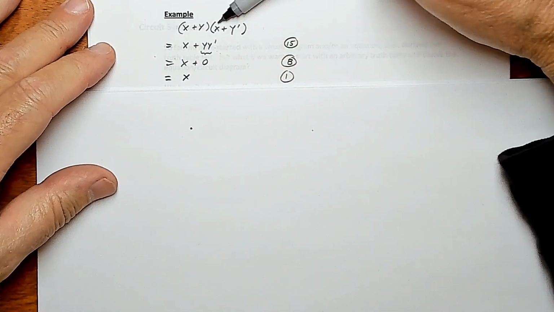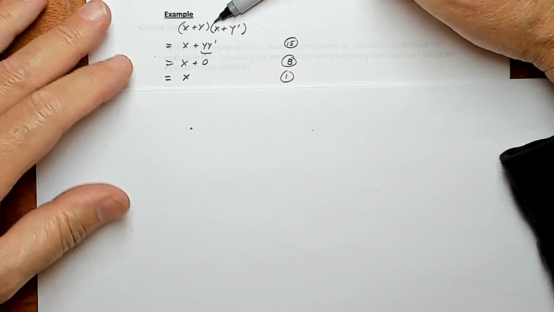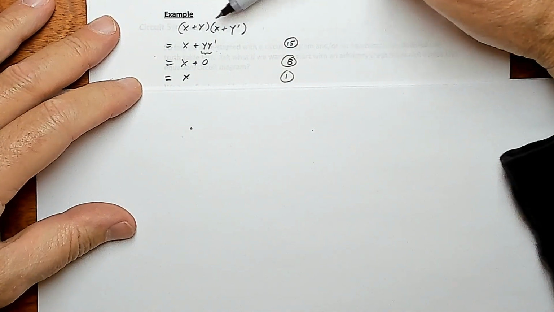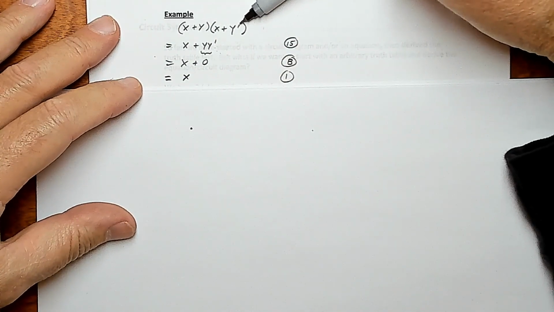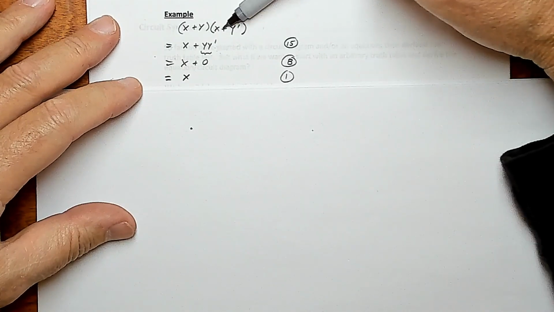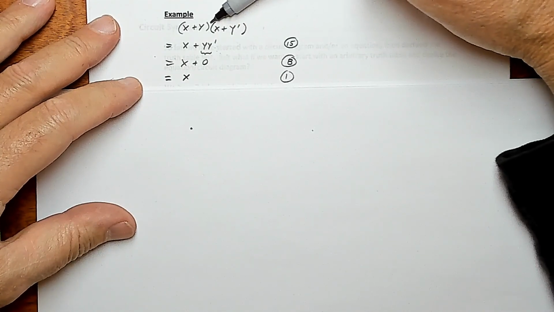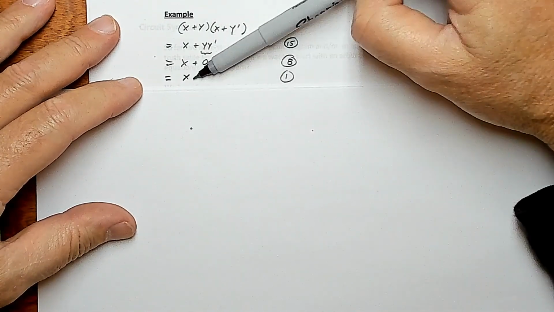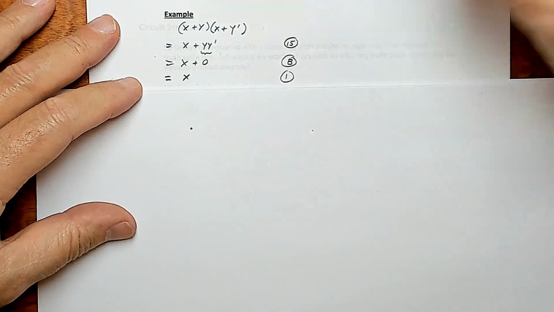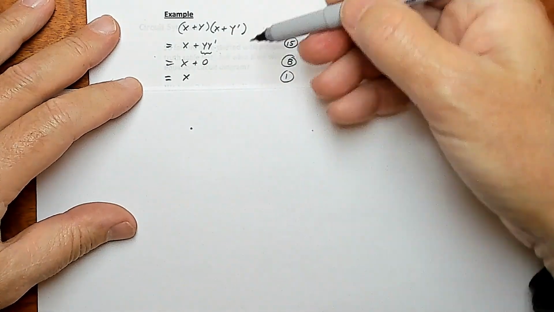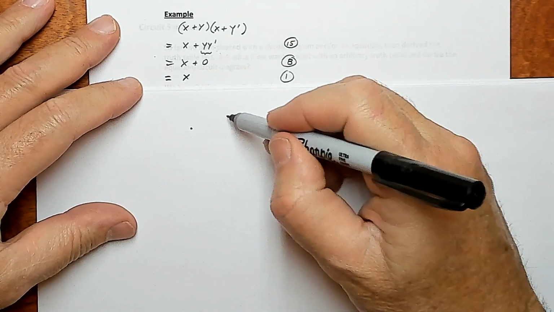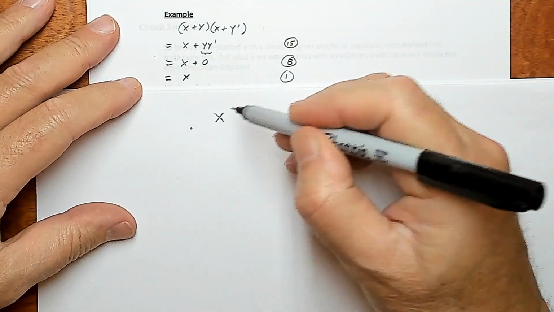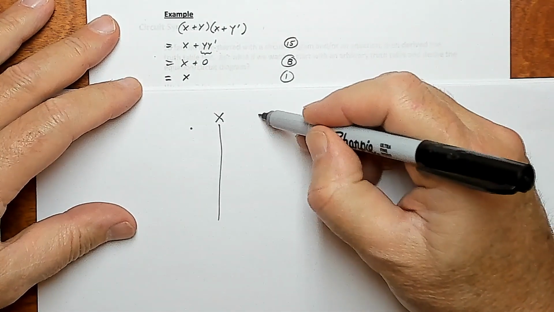How many gates are in this one? Well, there's a NOT gate, so that's one. Then there's two ORs, and then there's an AND gate. So there's 1, 2, 3, 4 gates in here. And what we're saying is we can build this with one gate. Let me draw this real quick. I could show you another way to draw these.